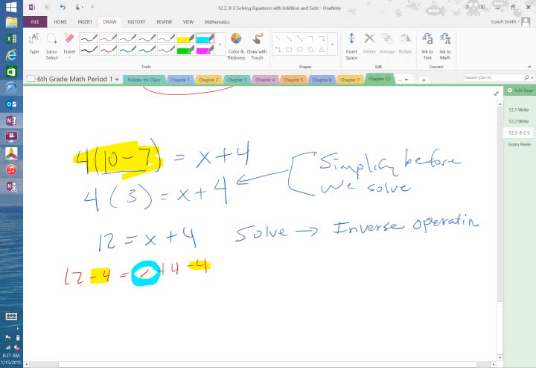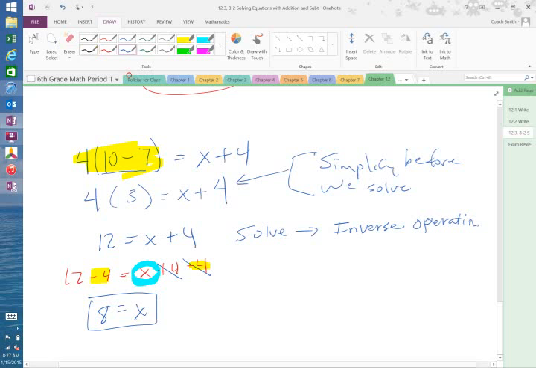Whoops, my x disappeared. The inverse operation of adding and subtracting 4 gives us 0, and it cancels itself out. That leaves me with x on the right side. On the left side, what is 12 minus 4? 8, yes. So our answer is x is equal to 8.